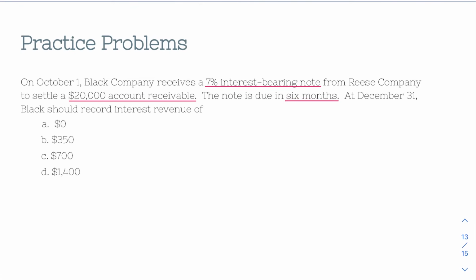At December 31st, Black should record interest revenue of. So, first important thing here is remembering our interest formula. So that is interest equals face value times interest rate times term divided by 360.